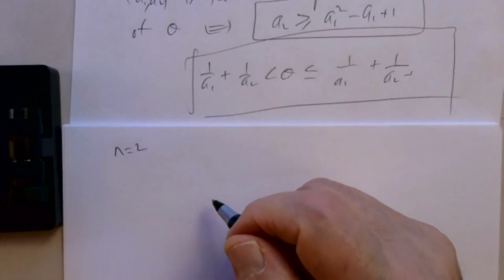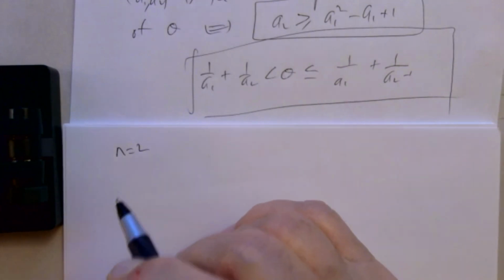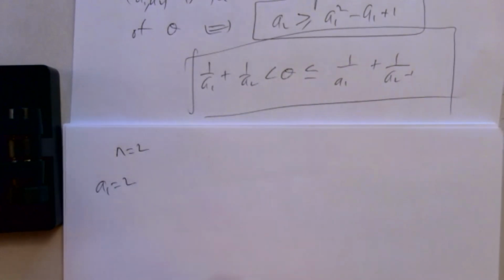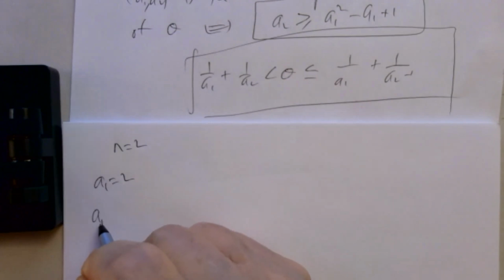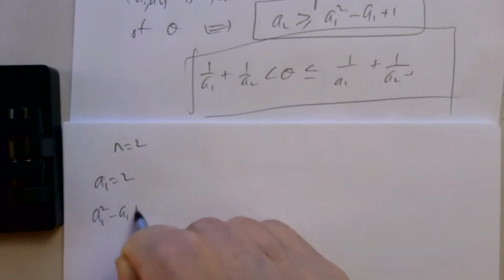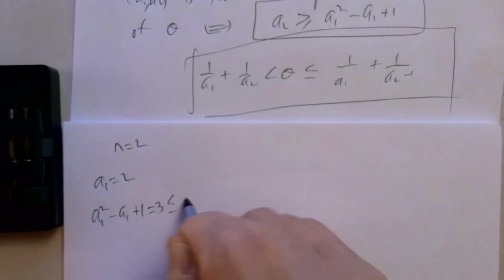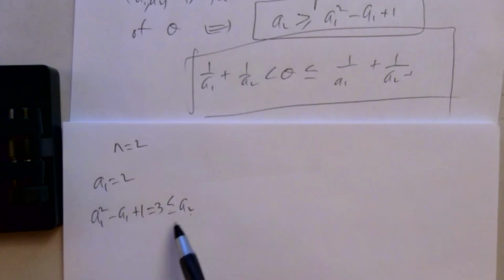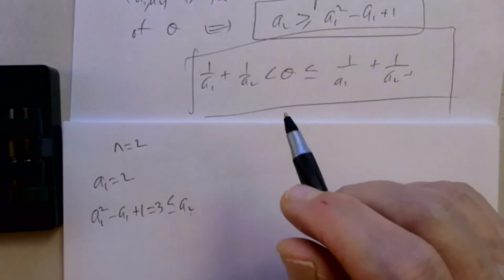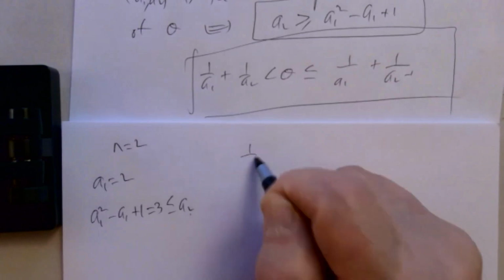So I can look at A1 equals 2. So A1 squared minus A1 plus 1 is 3. So I want to look at numbers A1 and A2, where A1 is 2 and A2 is at least 3. Let's see, what's an example of a number at least 3?